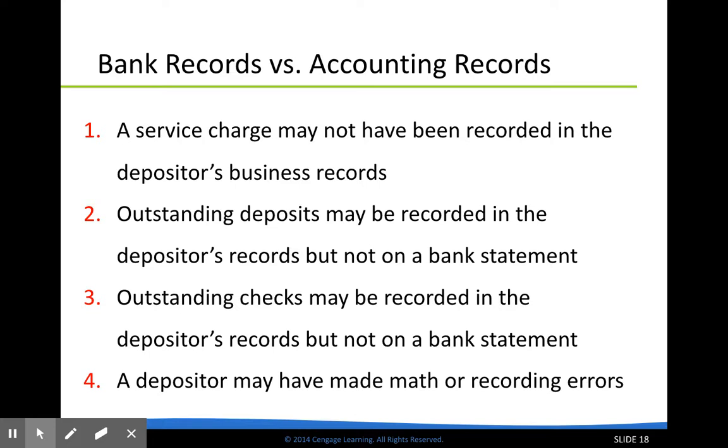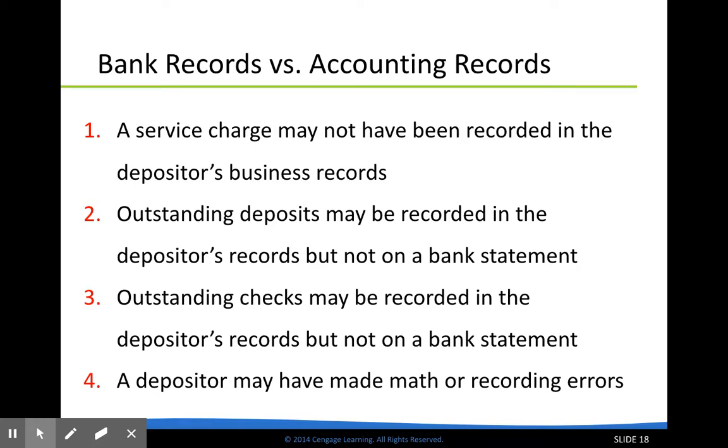Number two and number three, we keep track as soon as we write a check, we do the journal entry. Well, it might take the company we're writing the check to a while before they actually get to the bank. So that'd be considered an outstanding check. Something that we've recorded, but the company we wrote the check to hasn't taken it to the bank yet. Same thing for deposits.